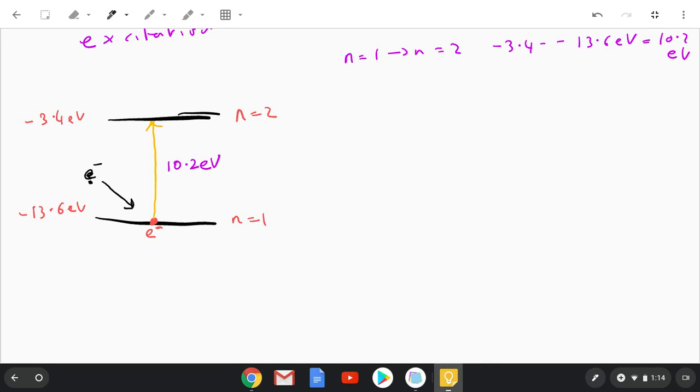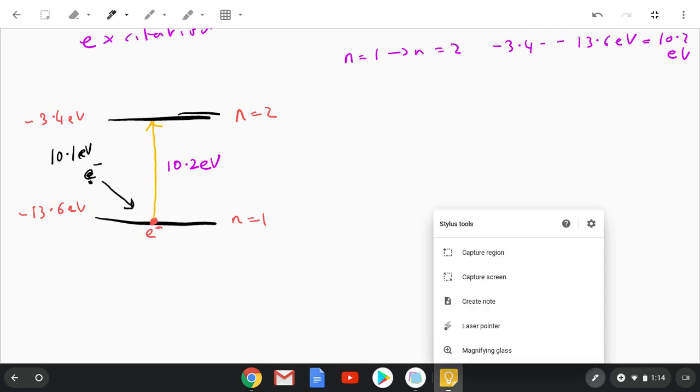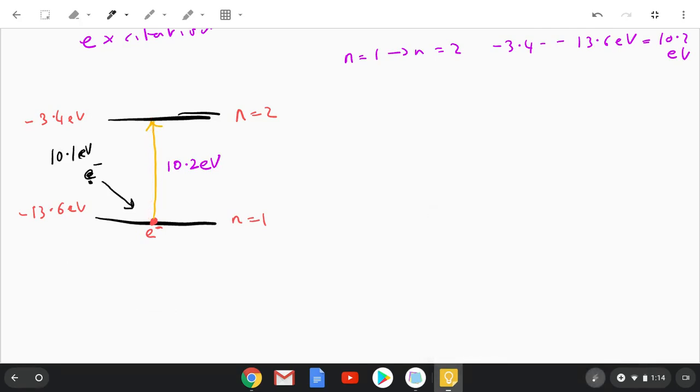Now, if the electron comes in with 10.1 electron volts of energy, it's insufficient for this atomic electron to excite.